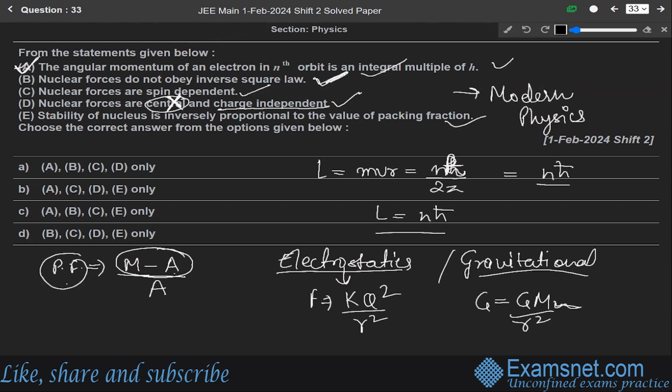The stability of nucleus is inversely proportional to the value of packing fraction. So this statement is also correct. So A, B, C, and E are correct. So the correct option is option C.